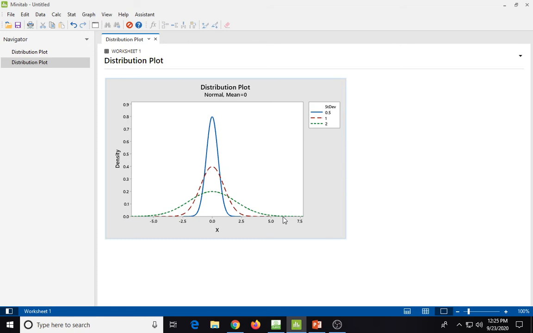So one of these we call the location parameter, one we call the shape parameter. So the location parameter is mu. That tells us where we're going to center the normal distribution.